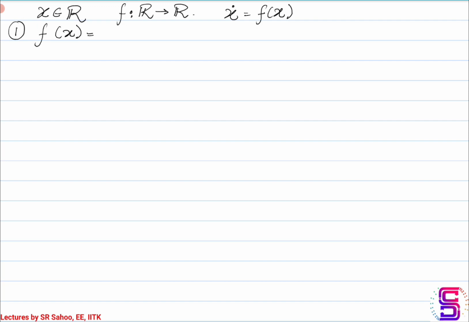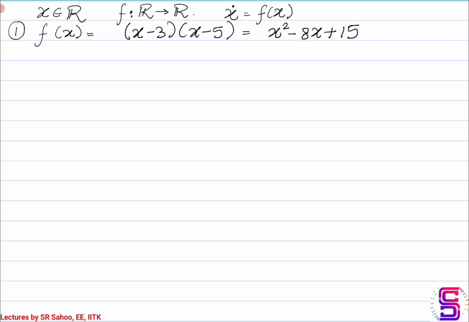And suppose the f(x) under consideration is (x minus 3)(x minus 5), or to put it another way, we'll have x square minus 8x plus 15 as the f(x) with us. Now we know that we can draw the vector field of this.